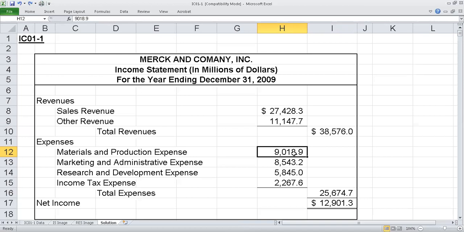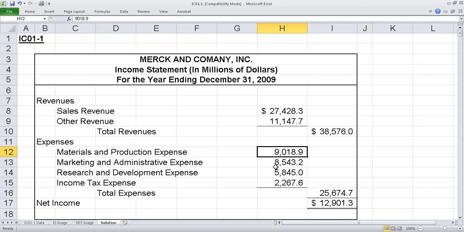When you see numbers that are in parentheses on financial statements, that's usually indicating a negative value. And these expenses are not negative values. There's no such thing as a negative expense. The least amount of materials and production expense that Merck can have is 0. There's no such thing as a negative revenue.